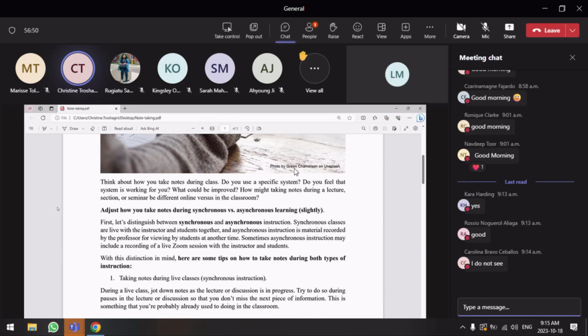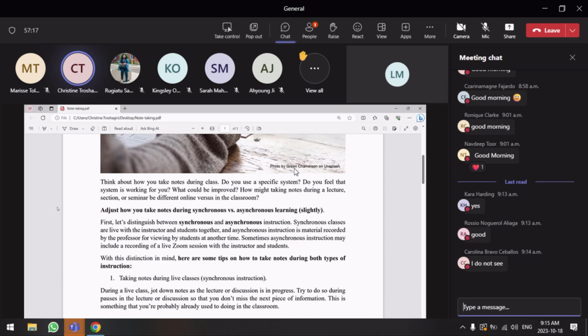However, that's not the only part of note-taking, because even during work, whenever we are at meetings, we need to take notes in order to later refer back to them and figure out the most important things we discussed during that meeting.